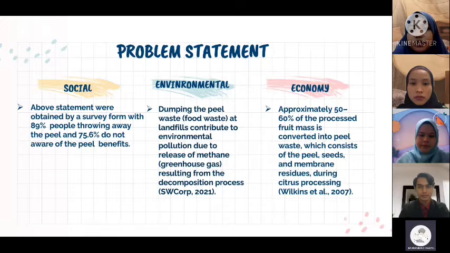Economy: approximately 50 to 60% of the processed fruit mass is converted into peel waste, which consists of the peel, seed, and membranes produced during citrus processing.